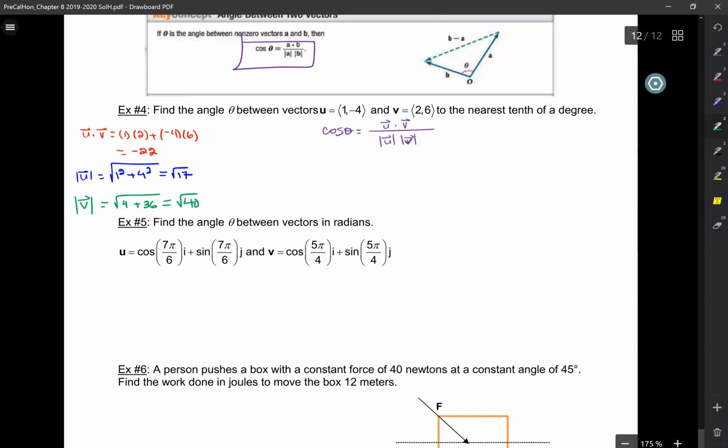Now, you're going to use these in the intermediate steps, so let's just leave them like this for a minute. So now, cosine of theta is equal to, put each of these into this formula, just plug them in. So I have negative 22 over root 17 times root 40.